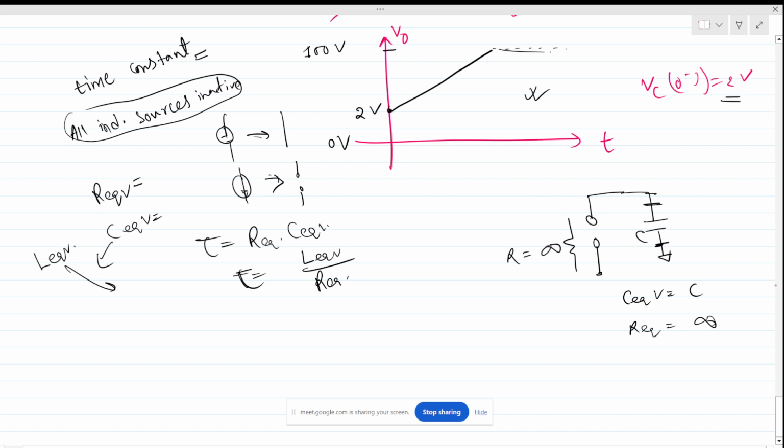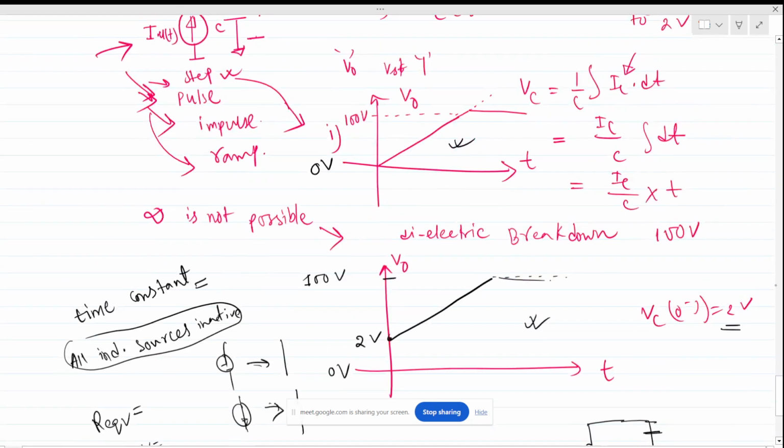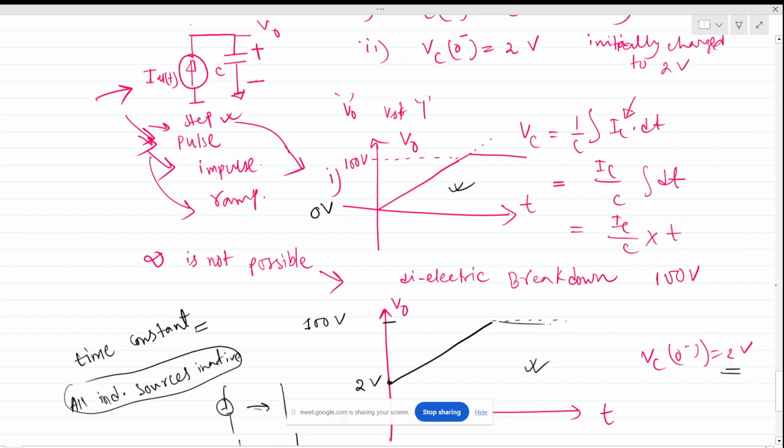So in this circuit, the time constant becomes infinity. From this graph, we can also comment intuitively that the capacitor is charging to infinity, so the time constant must be infinity.